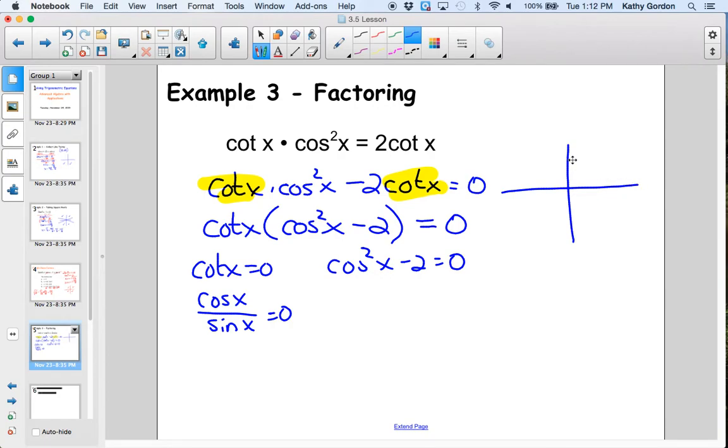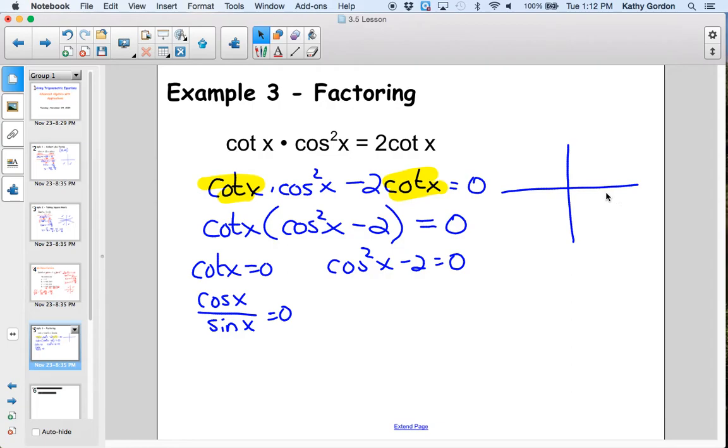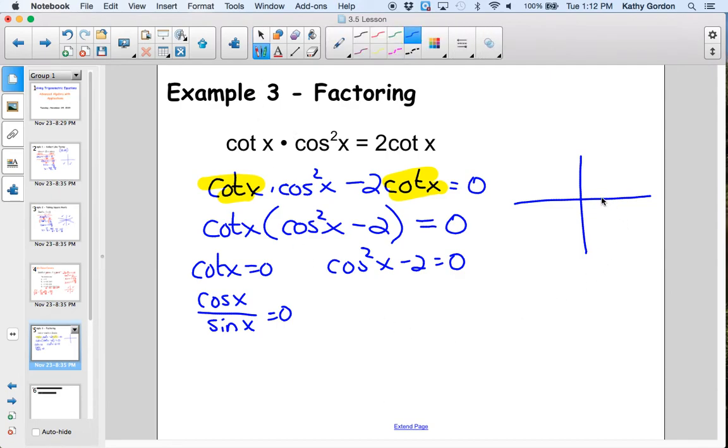On the y-axis. So as I rotate around, the first time I get to the y-axis is right here. What angle is that? Pi over 2.